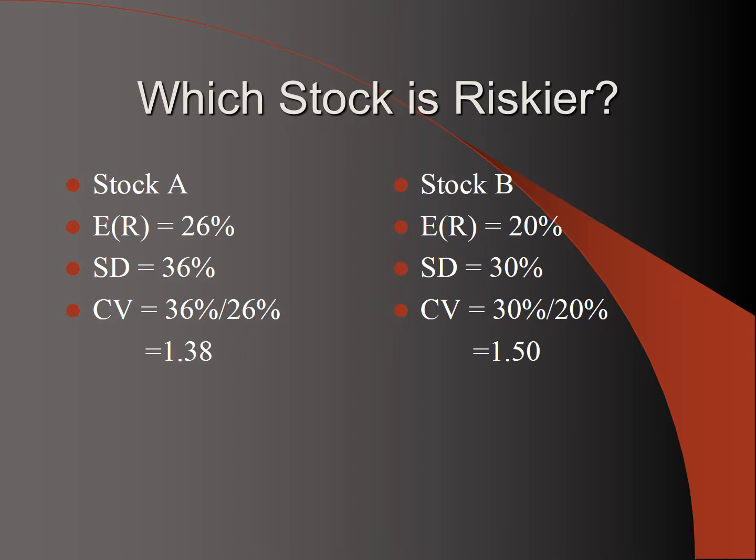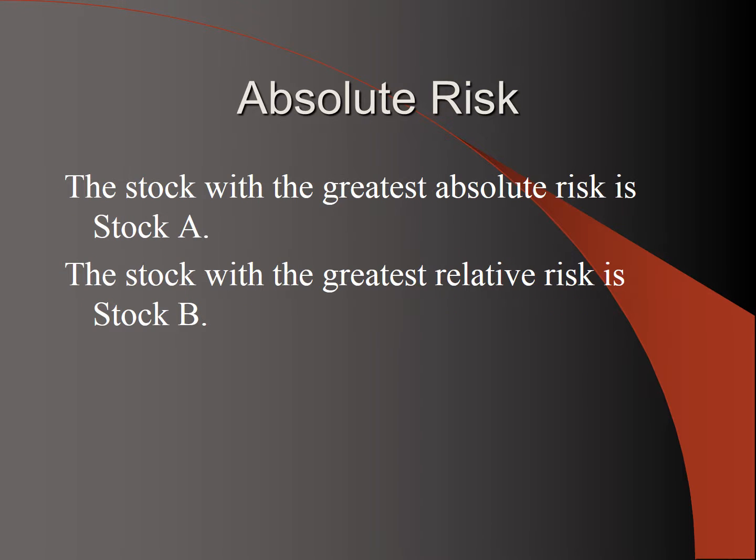So you would have to clarify, which type of risk do you want, absolute or relative? And the coefficient of variation gives you the relative risk. In finance, we usually emphasize the relative risk. And there I summarized that on that slide where we've got stock A has the greatest absolute risk, stock B the greatest relative risk.